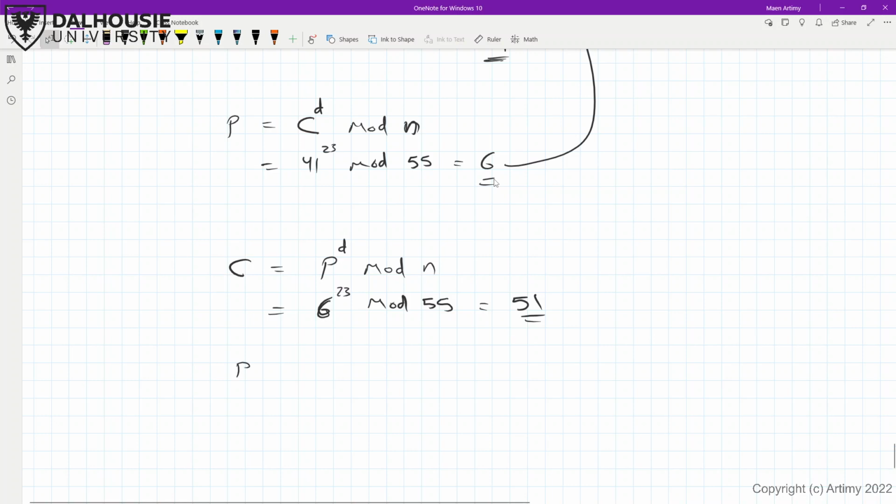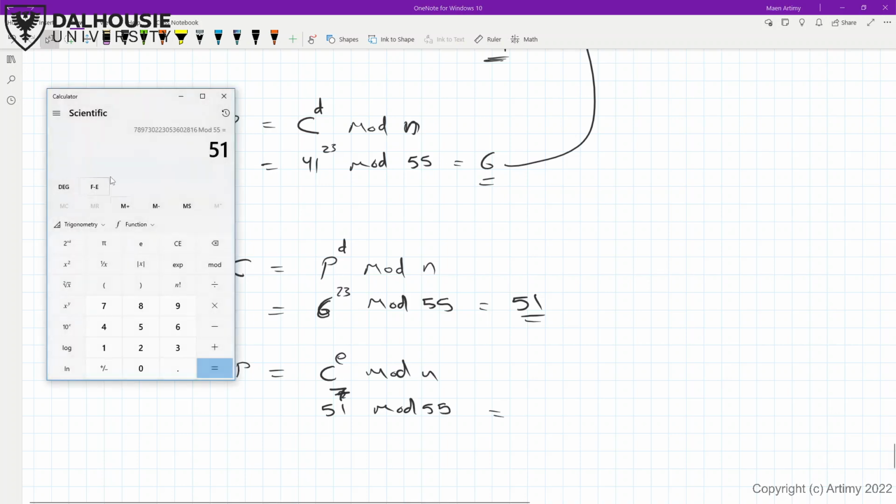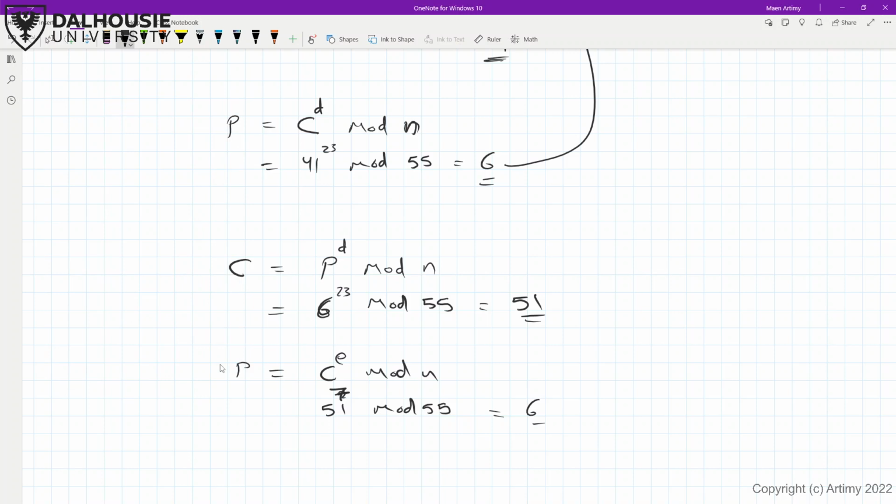So the plain text again will be C, so 51 to the power of 7 mod 55, and we get 6, which is the original.